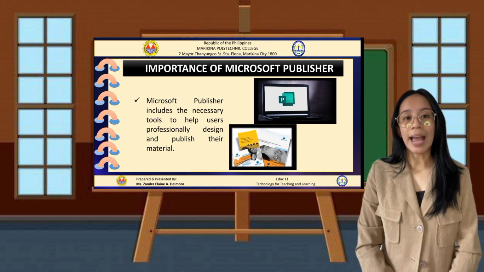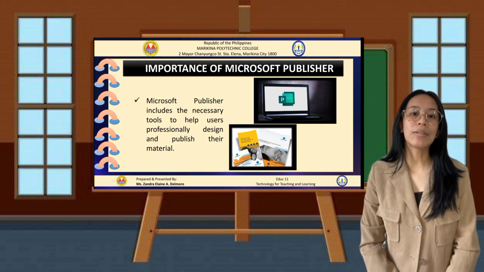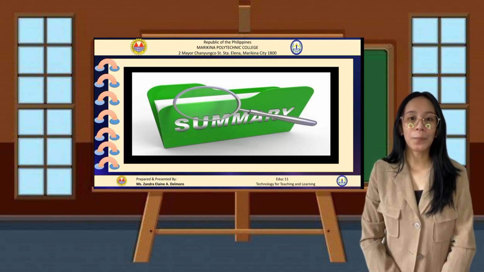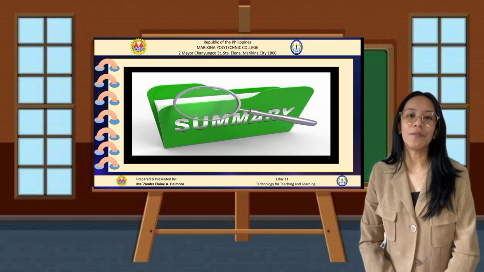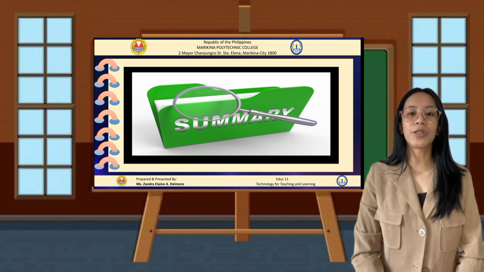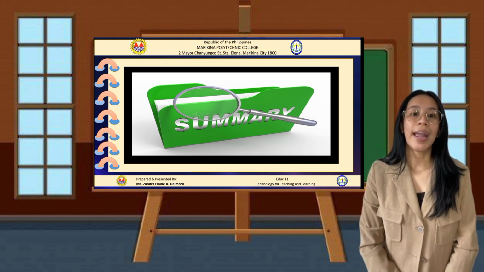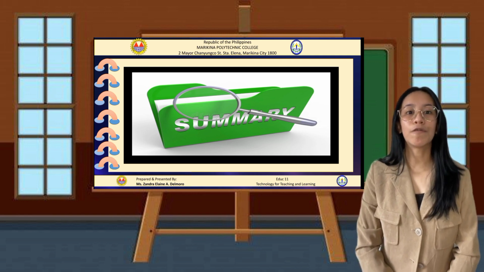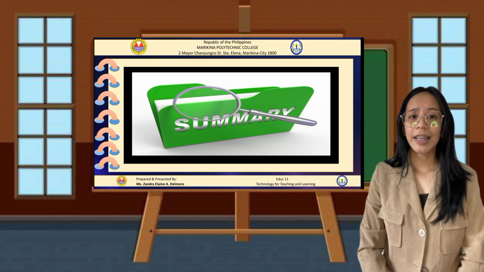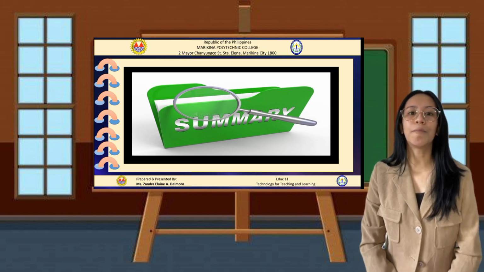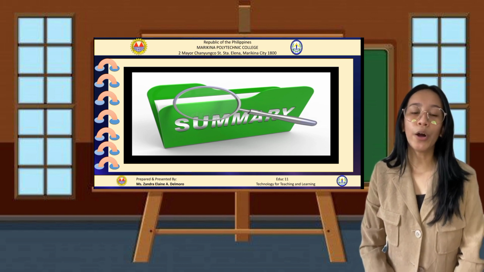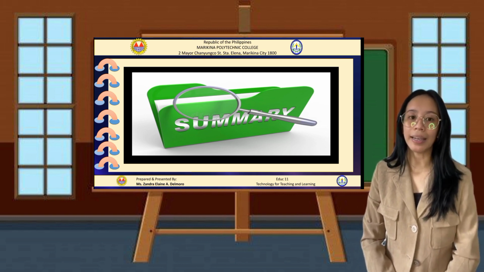So for the next slide, to summarize this lesson, Microsoft Publisher is an entry-level graphic design program included in some versions of Microsoft Office. It is considered ideal for small businesses because it is user-friendly and does not demand prior knowledge about the application or graphic design in general.